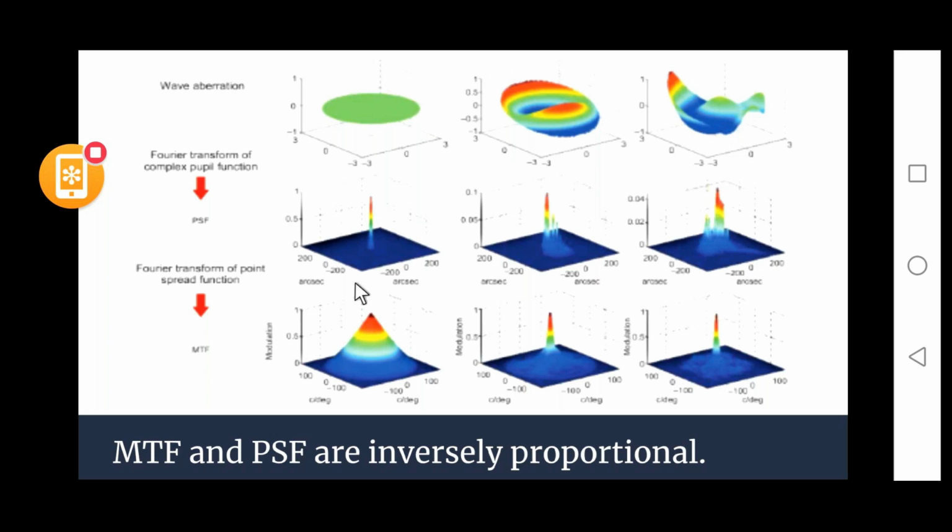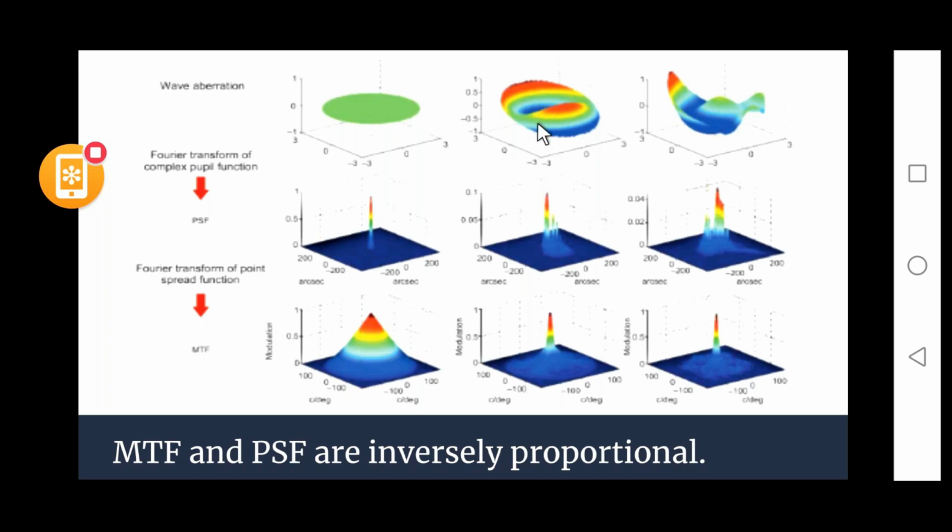As you can see over here, the first image is a PSF. The PSF is thin. That means this point image is not spread too much, or it is not spread at all. So as you can see over here, MTF is very well distributed. That means there is a lot of light intensity being passed through this specific cornea.